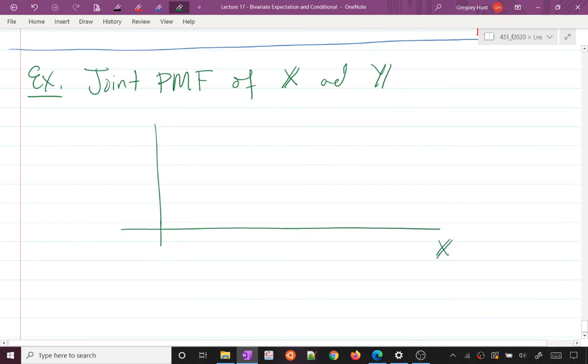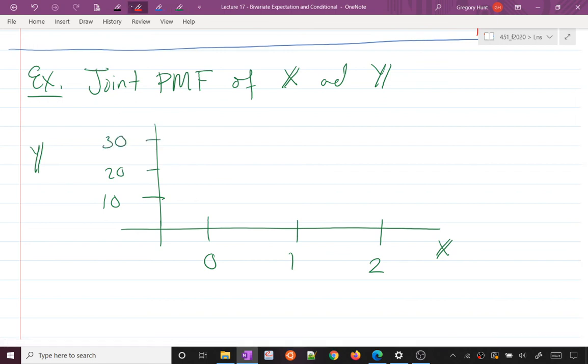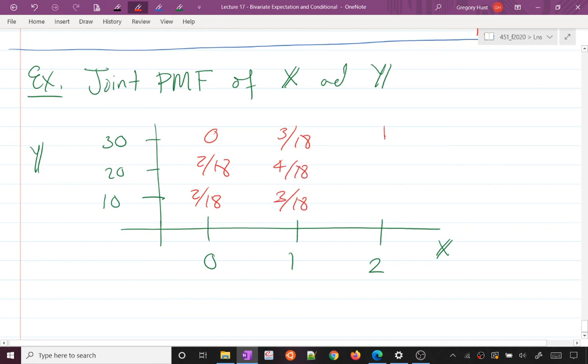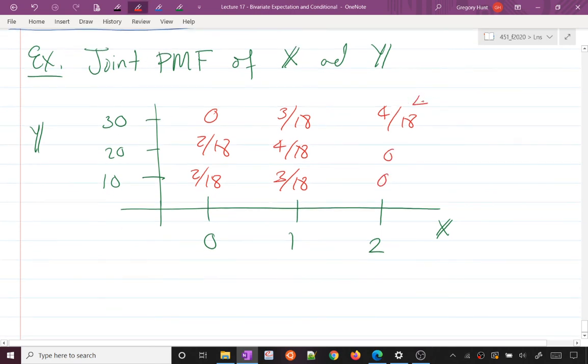X is going to be able to take on the values 0, 1, or 2, and y is going to be able to take on the values 10, 20, or 30. And I'm going to fill in some probabilities. It doesn't really matter, I'm just making up these numbers. They have to sum up to 1, and they all have to be positive. We know that's true. And so let's say that is the table. These values here are my joint Pmf.